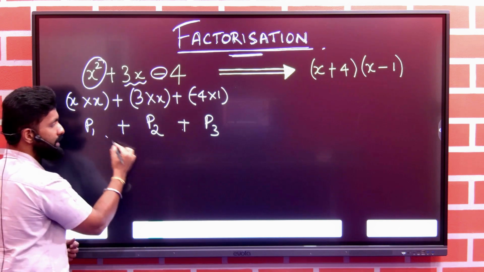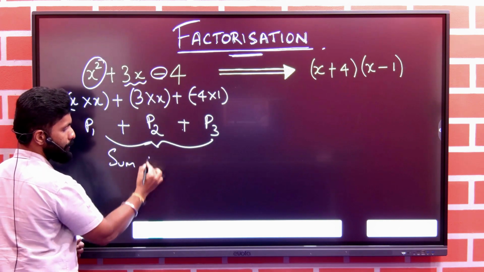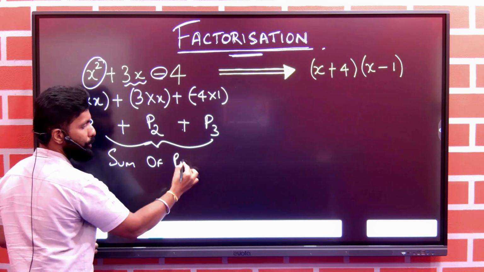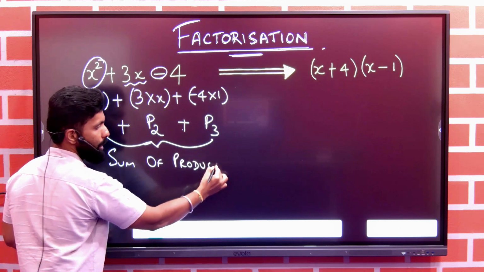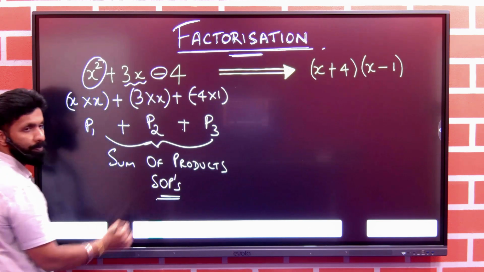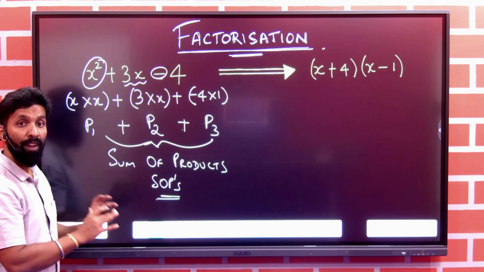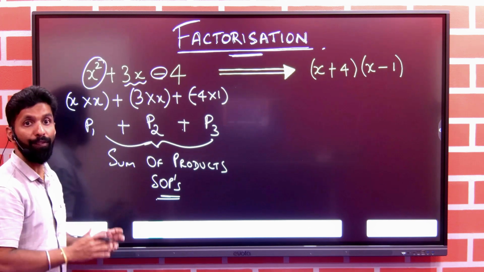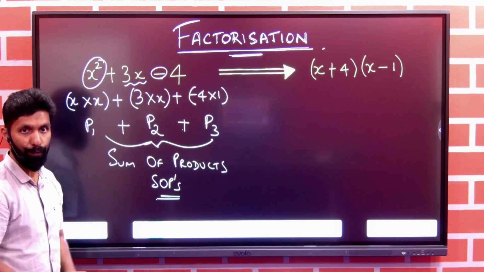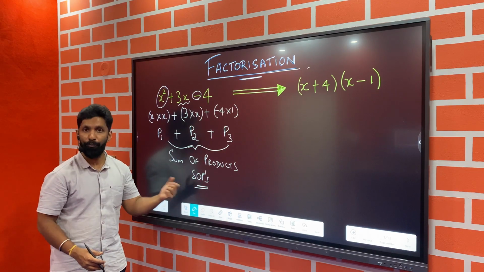In simple words, it's just sum of products. S-O-P, sum of products. So this is generally the non-factorized form, the non-friendly form. Generally the non-factorized form will always be in the sum of products form.